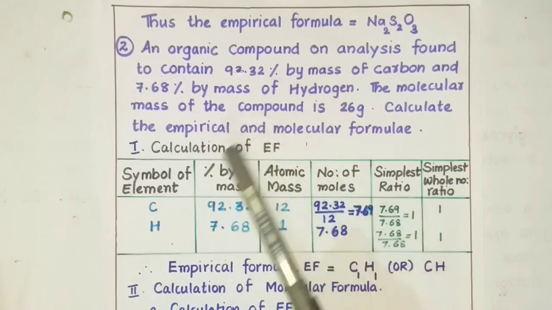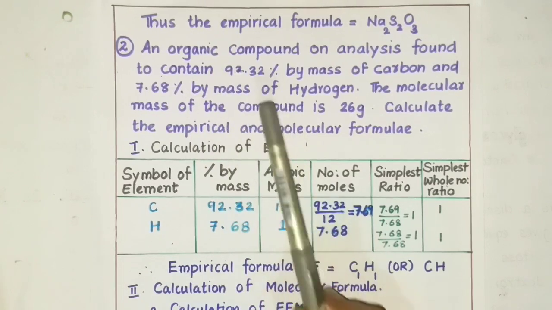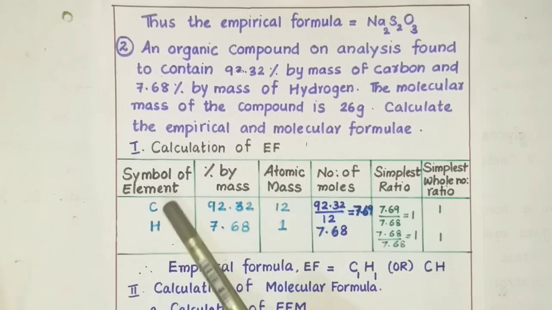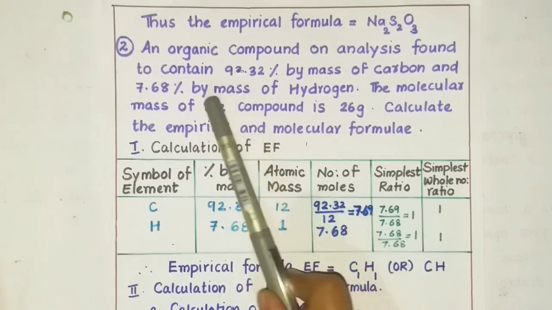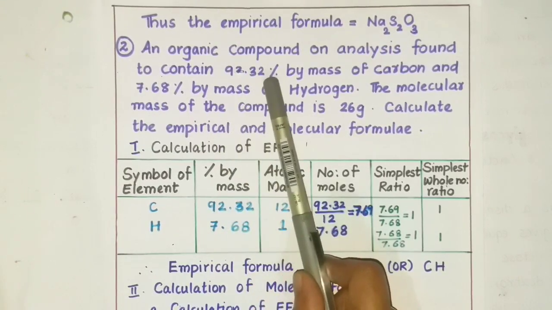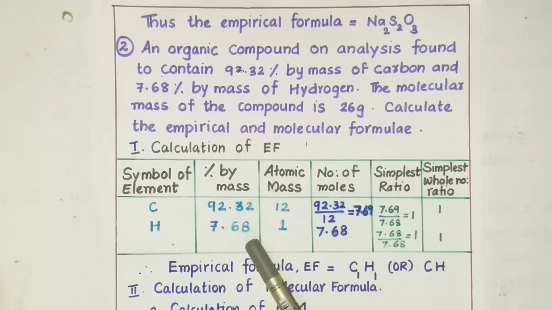First, substitute the values. Symbol of element is here carbon and hydrogen. Then percentage by mass: carbon 92.32% and hydrogen 7.68%. Then atomic mass of carbon is 12, atomic mass of hydrogen is 1.